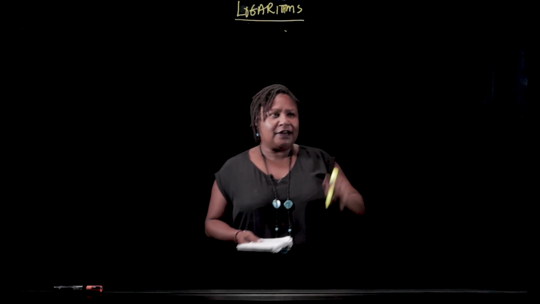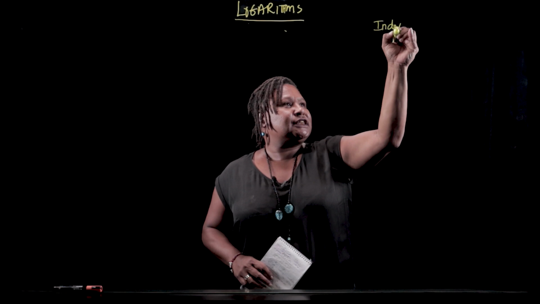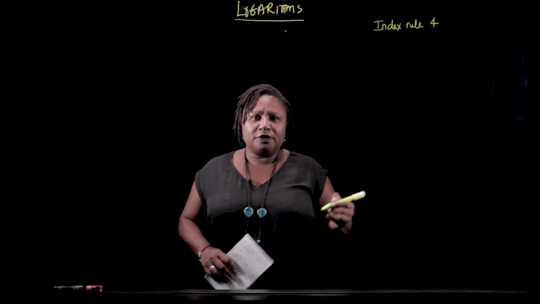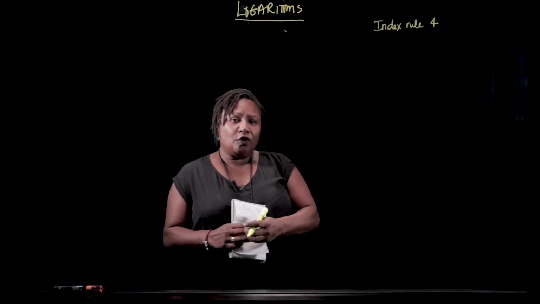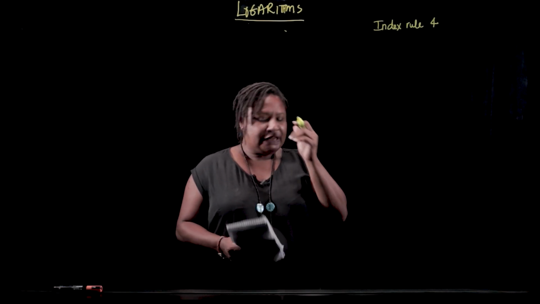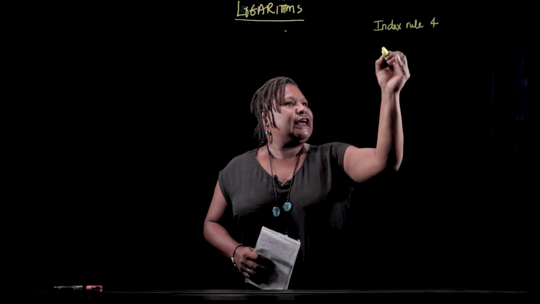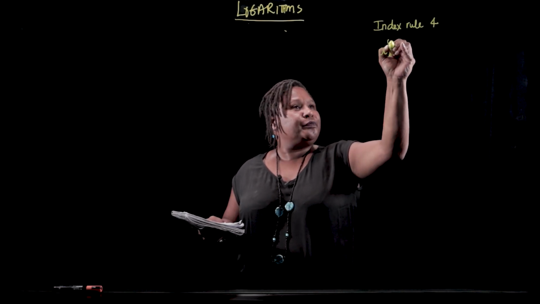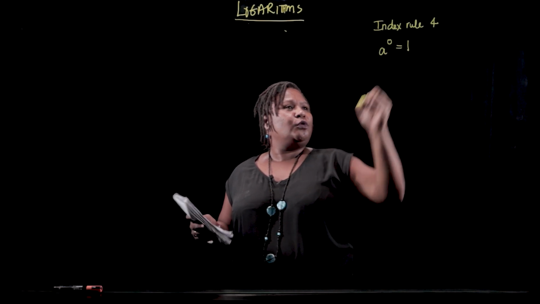In today's lesson, the first property we are going to look at, like we did in our previous lesson, we will review the index rule first before we go into the logarithm law. So, index rule number 4 states that any number that is raised to the power of 0 is equal to 1.